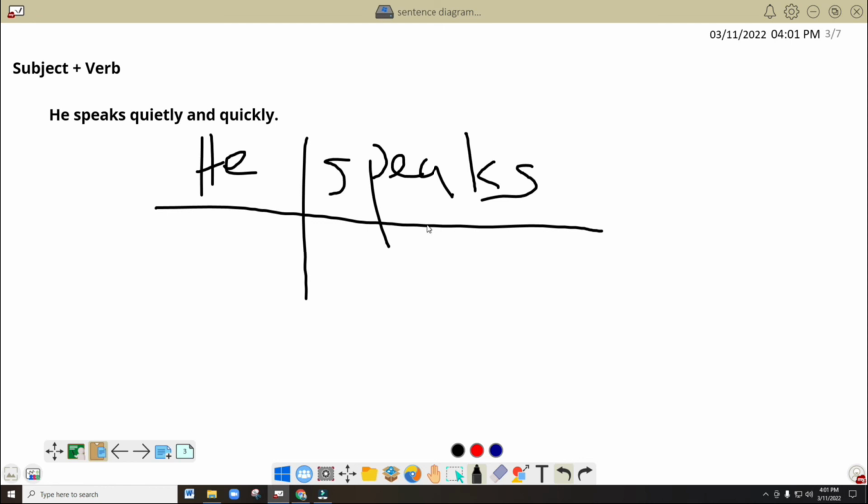Now, you have to be careful with this one. If this one describes the subject, we will have here a diagonal line. Okay? Again, excuse me. If quietly and quickly, or any words written in here, describe the subject, we will write a diagonal line.